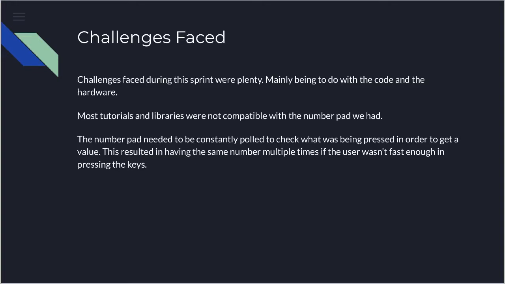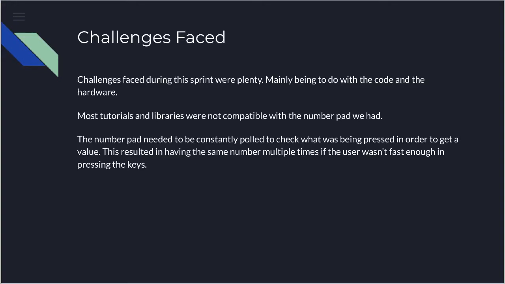Challenges faced during the sprint were plenty, mainly being due to the code and the hardware. Most tutorials and libraries were not compatible with the number pad we had, so code had to be developed from scratch for this setup. The number pad needed to be constantly polled to check what was being pressed in order to get a value.